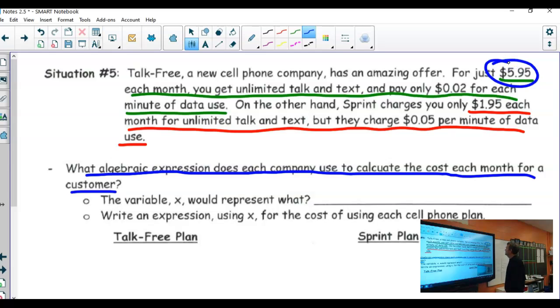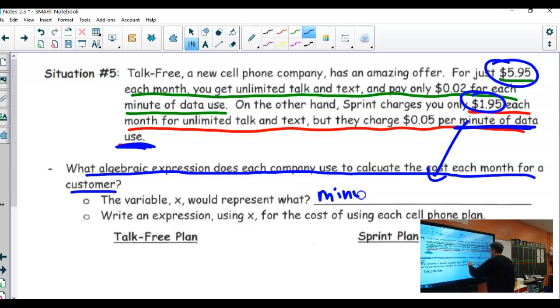It always costs $5.95. Or for Sprint, it always costs $1.95. The amount that does vary is how many minutes of data use a person uses. That's the amount that varies when they calculate the cost of your cell phone bill. So I want X to represent that, minutes of data. That is what I'm going to have X represent.